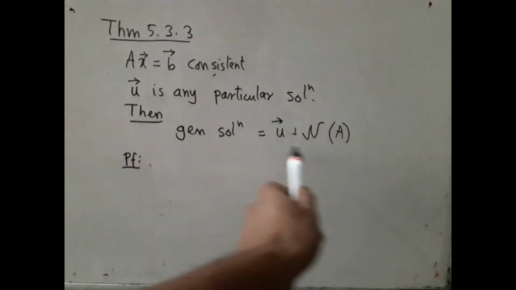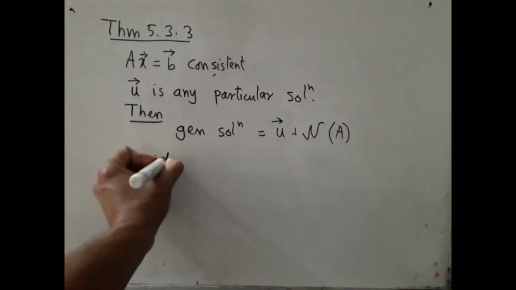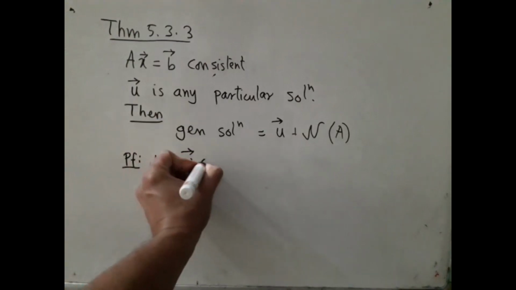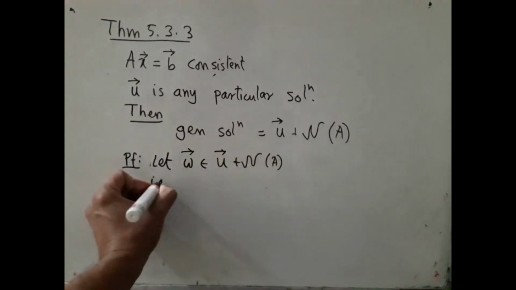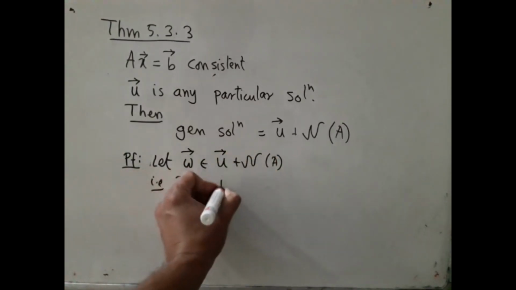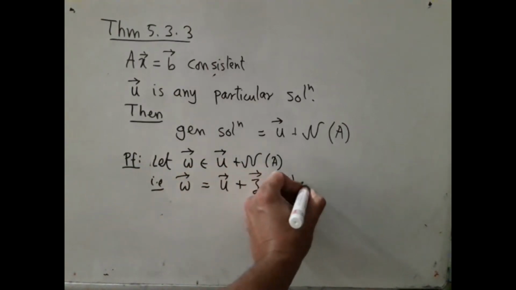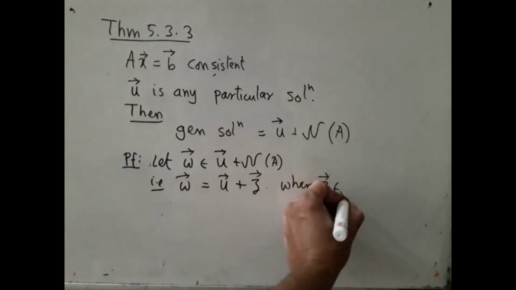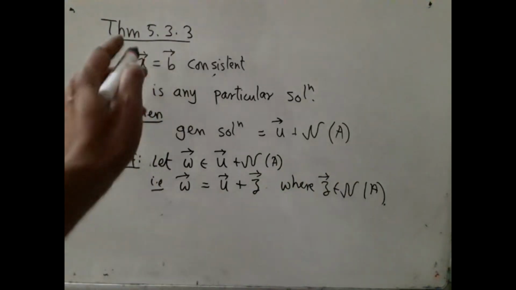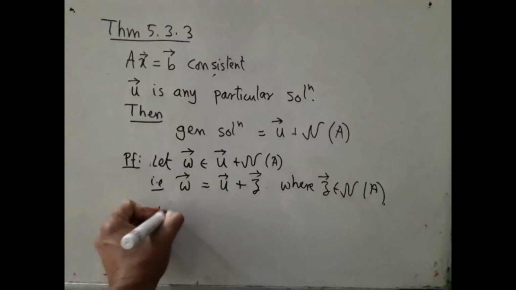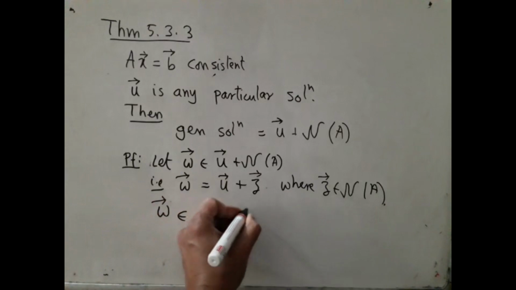If I take anything in the general solution, so now I will say let W be in U plus null space of A, which means W is equal to U plus some vector, call it Z, where Z is in null space of A. I want to show that this W must be in the set of general solutions.